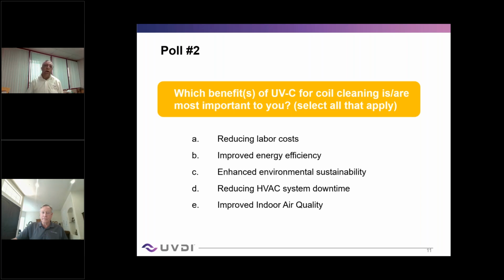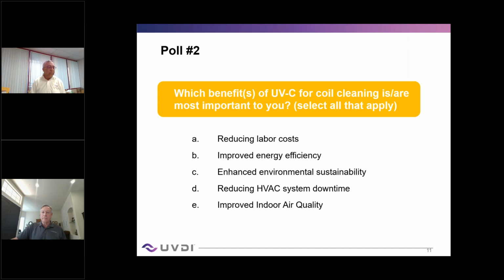Is it reduced labor costs from chemical cleaning, improved energy efficiency, having a greener option, environmental sustainability, not needing to use chemicals, reducing downtime, since you have to turn the AHU off to clean this coil, and of course indoor air quality is an important one.